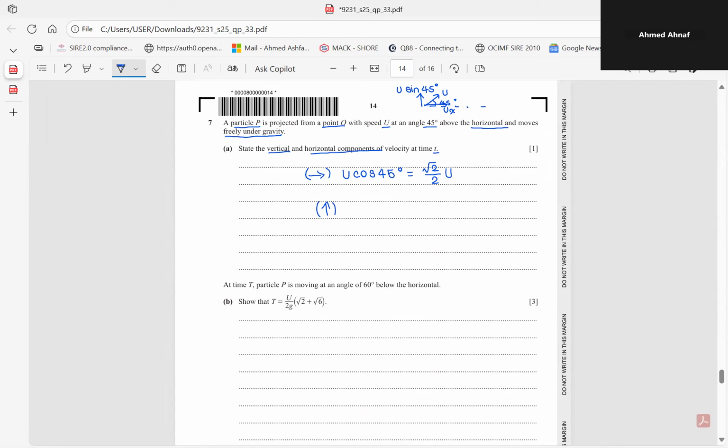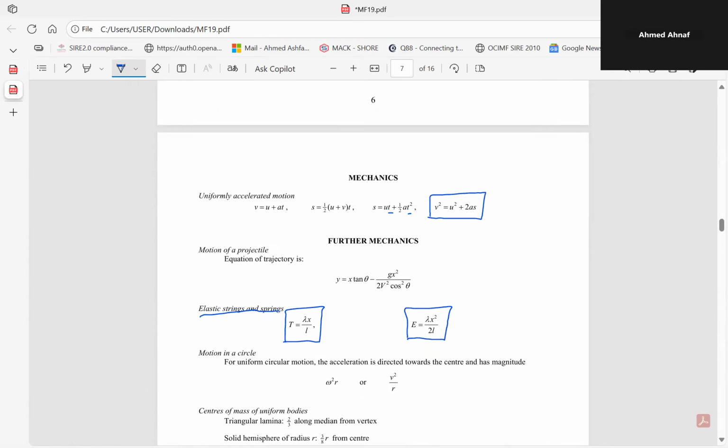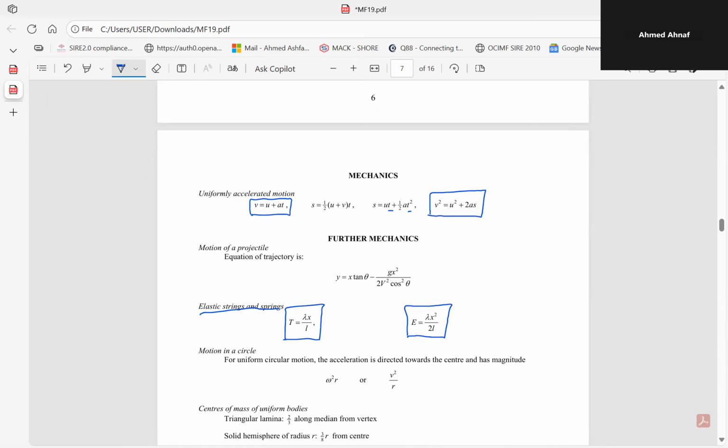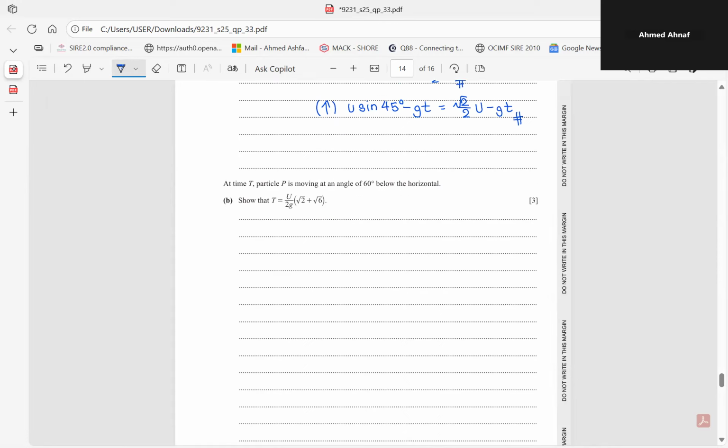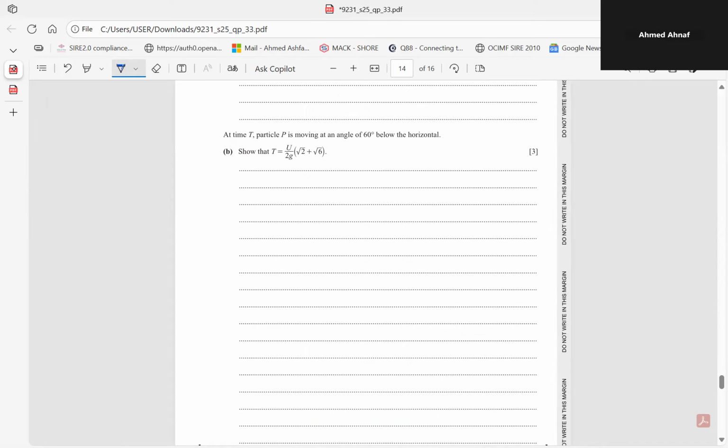For the expression in time t, we're going to use this formula: v equals u plus at. v is the final velocity and u is the initial one, so that's just u sine 45 minus gt. That's just square root 2 over 2 u minus gt. So these are our final two answers for the first part. Let's head on to the next part.